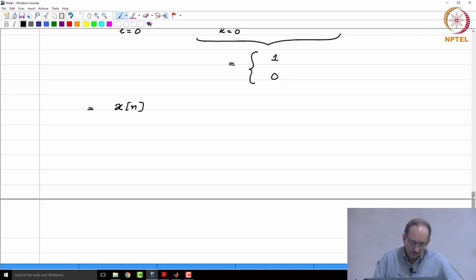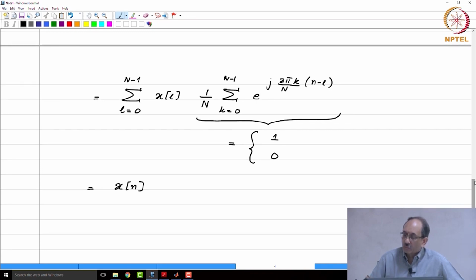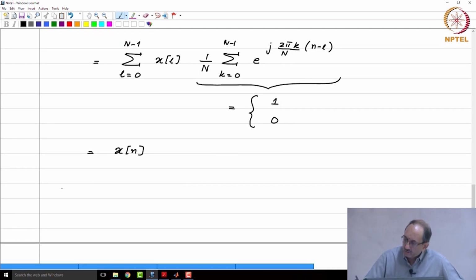The only thing was, even though you do not make any assumption about the data outside 0 to cap N minus 1, the moment you put the data into the DFT framework, you are guaranteed that x of n will be periodic with period cap N, which is also consistent with the fact that the DFT is nothing but the DTFS written slightly differently, and the DTFS assumption is that the signal sequence is periodic. So, everything is consistent.